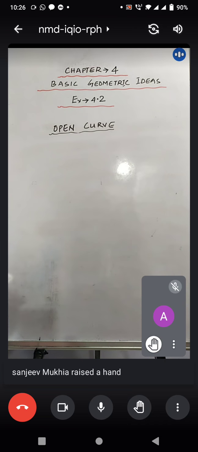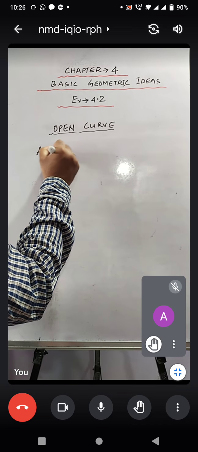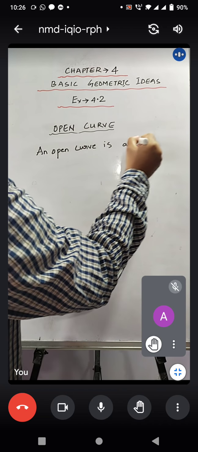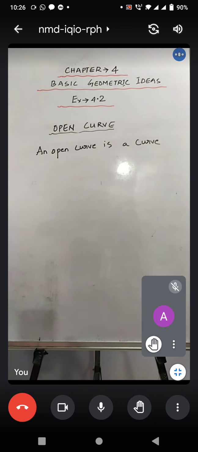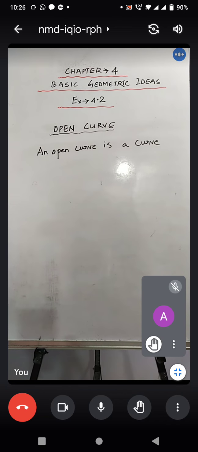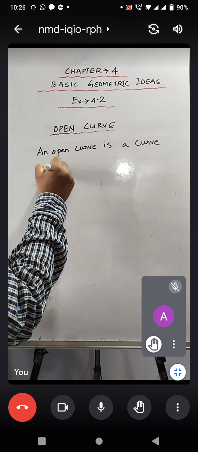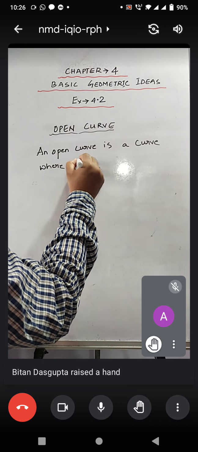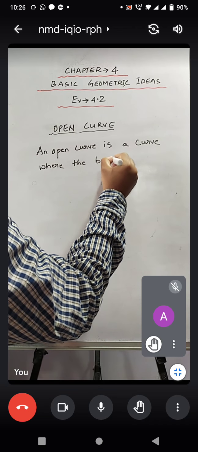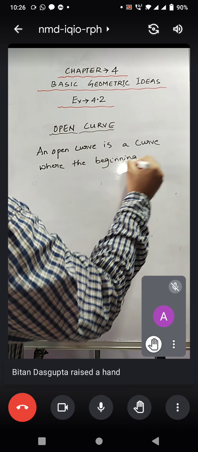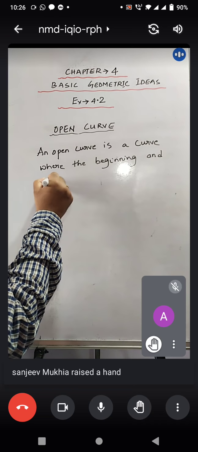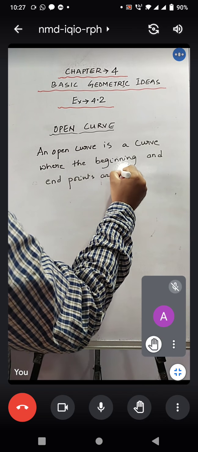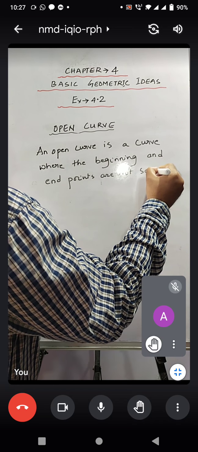An open curve is a curve where the beginning and end points are not the same.